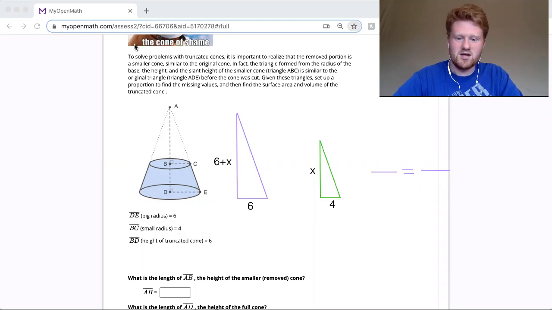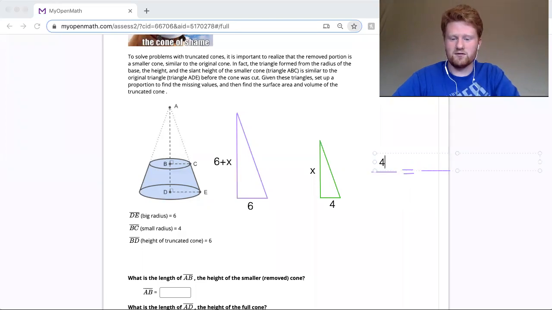We'll figure it out. So what you do is you set up one of the side lengths on top for one triangle and the other side length on the bottom for that same triangle. So I'm going to start with this green triangle on the left side of this equation. So I'm going to do the radius on top, the radius of the circle, or what we can say the bottom side length here on top.